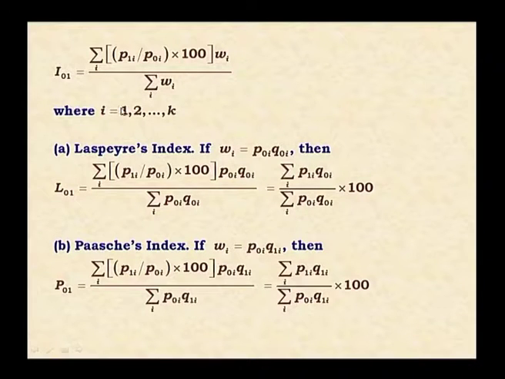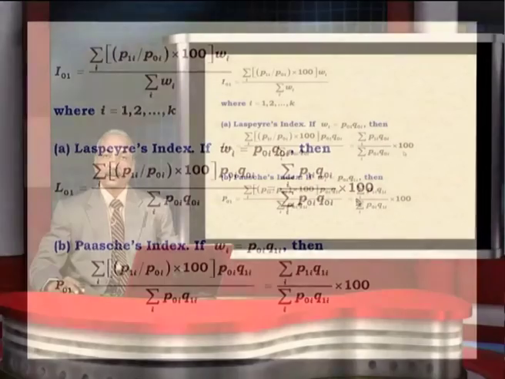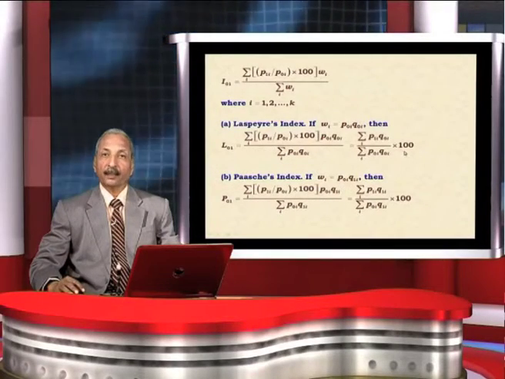Now, when we want to construct the Laspeyres index number, the value of Wi is equal to P0i times Q0i, and this gives me the Laspeyres formula, which we denote by capital L01. On simplification I get it as sum of P1i times Q0i divided by sum of P0i times Q0i, and of course we multiply it by 100 in order to have the value of the index number in percentage form.